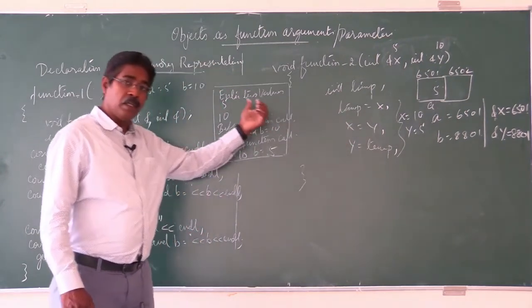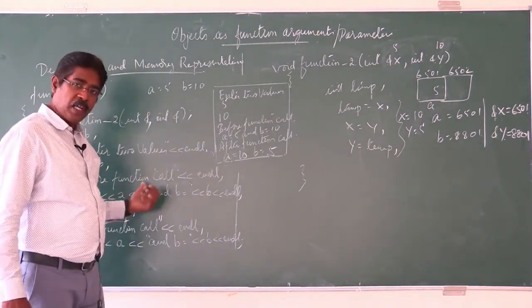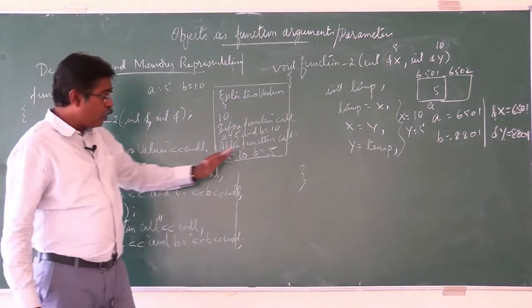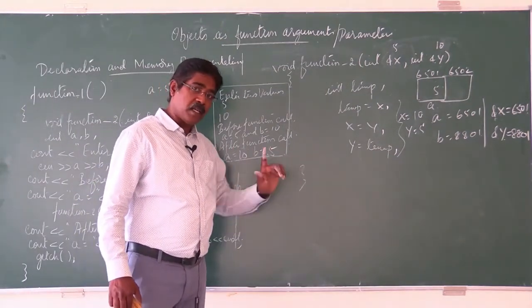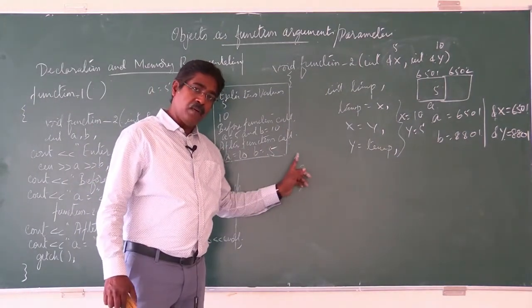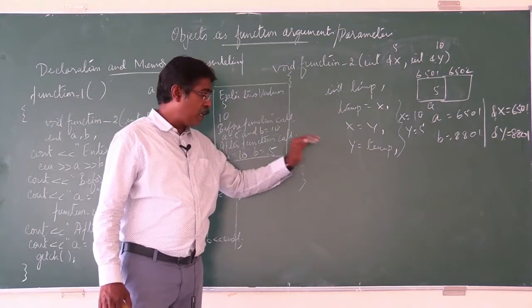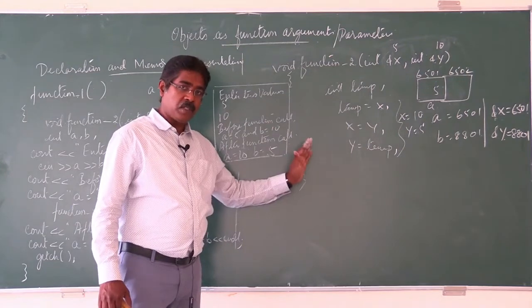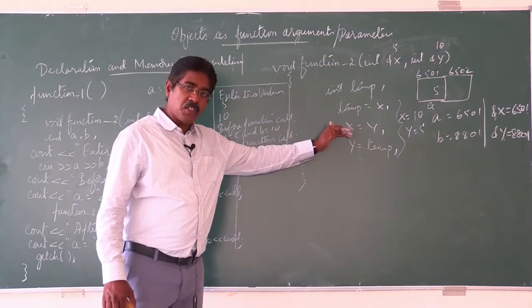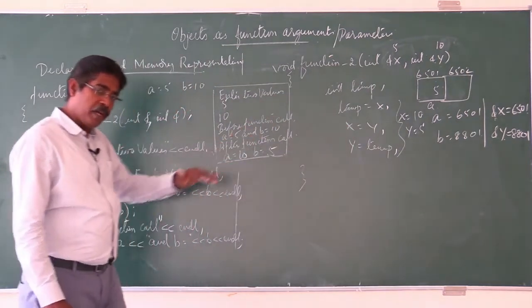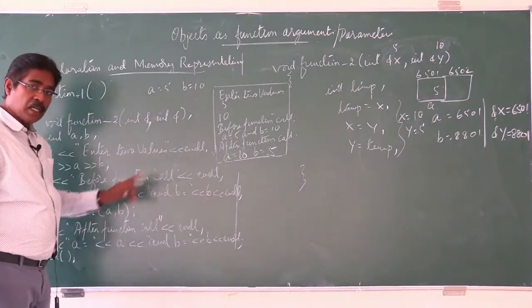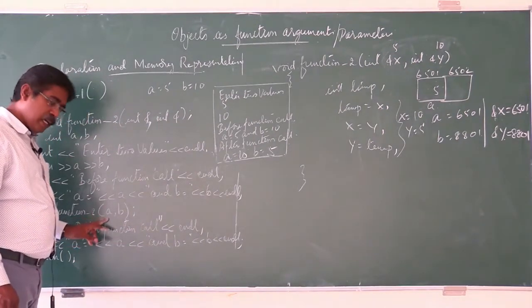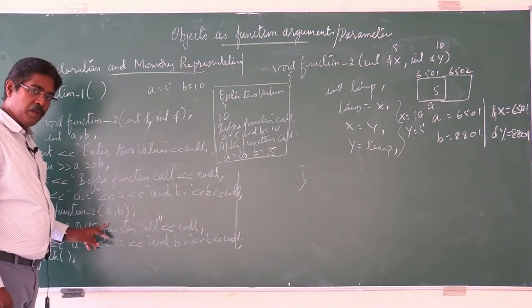When the actual arguments given from the calling to the called function are changing the values, swapping the values, and when the control is coming back, now no need to return a value. As I said, if returning a value, it can return only one value, but here in this case, the address is shared, referenced. Hence, when X changes its value, since X is alias of A, then A also changes its value.